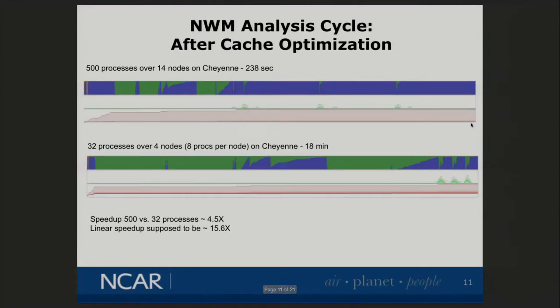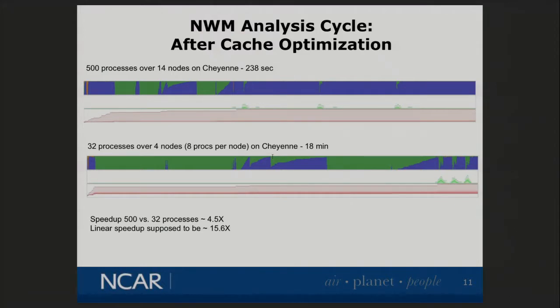After the performance optimization by using the techniques explained by John the first day with cache blocking and other things, we managed to execute the model for 3 advances in this case in 238 seconds on 500 processes. But the good thing is that now we can run the model completely on 32 processes, and it's taking 18 minutes.